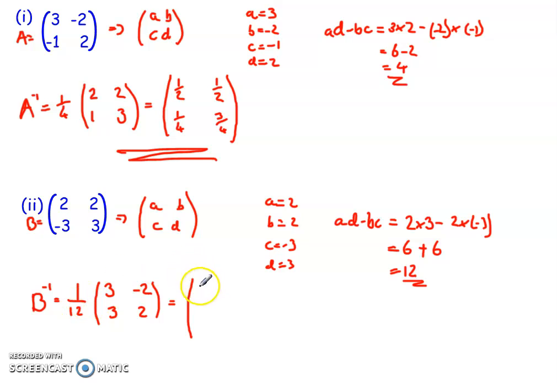I'd have 3 over 12, so that's 1/4. Then I'd have minus 1/6, 1/4 there, and 1/6 down there. It depends what format they ask for it. If they don't want it with a coefficient out front and a scalar multiple, take it in. Otherwise, you should be okay just where it was.